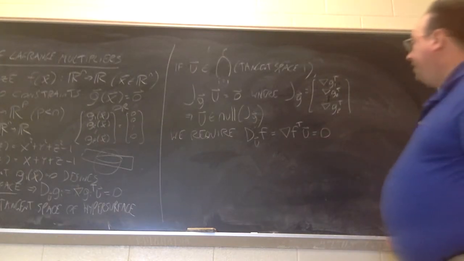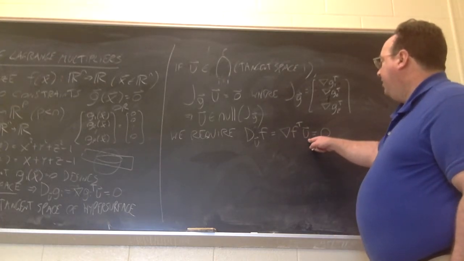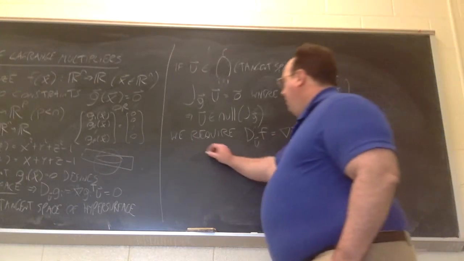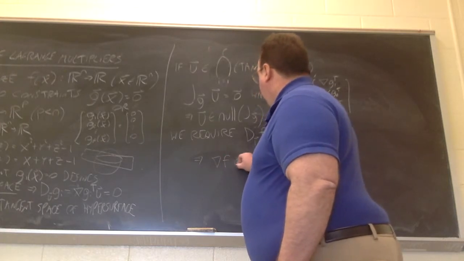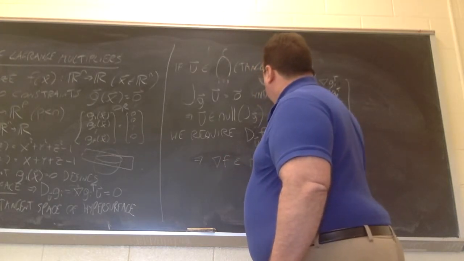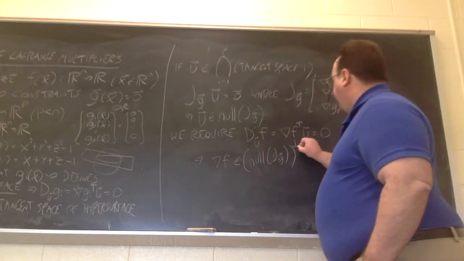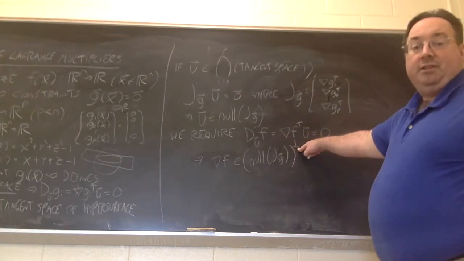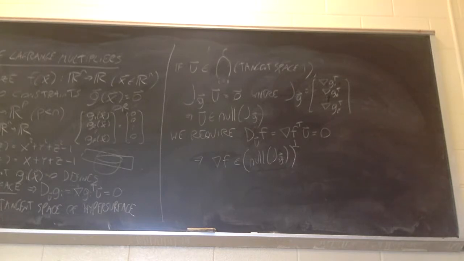So, because the gradient of f is orthogonal to any vector in the null space of the Jacobian, in other words, the gradient of f belongs to this subspace. The perpendicular symbol means the orthogonal complement of this null space of the Jacobian matrix.